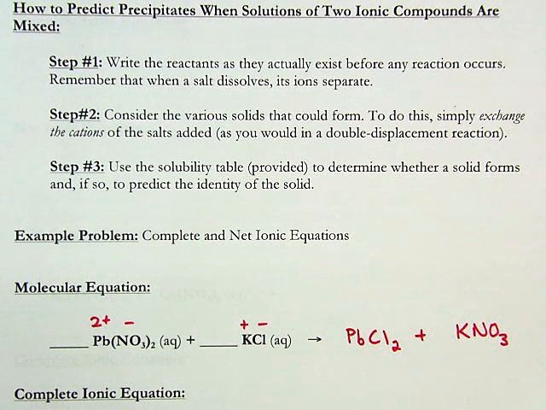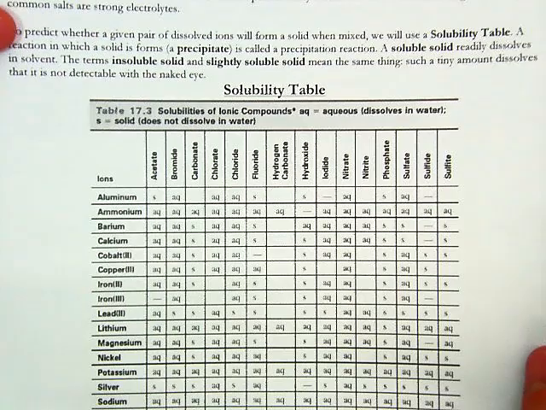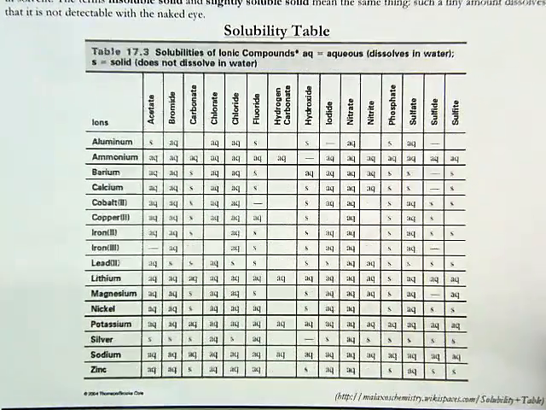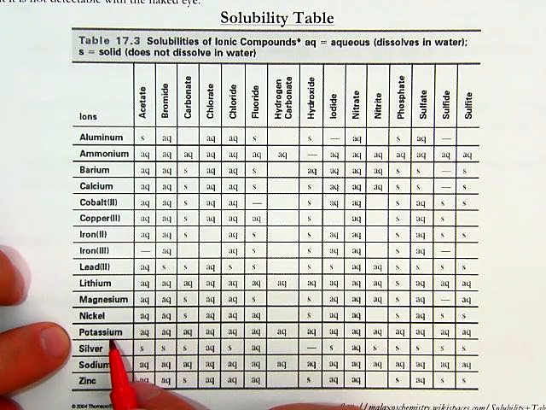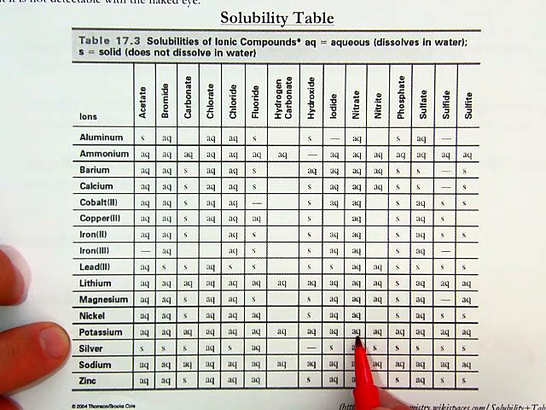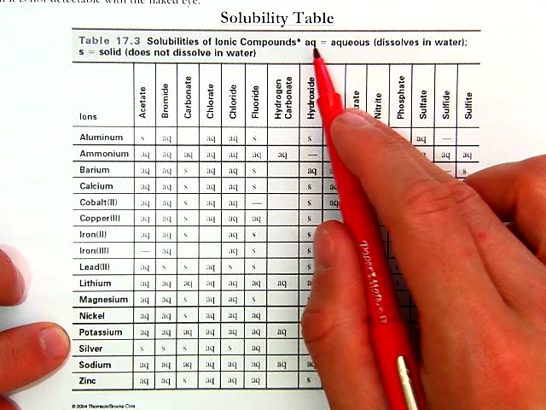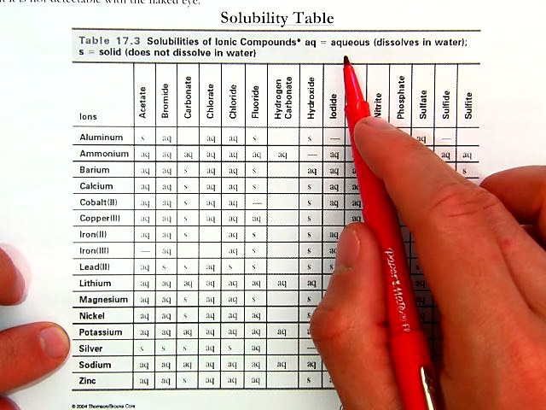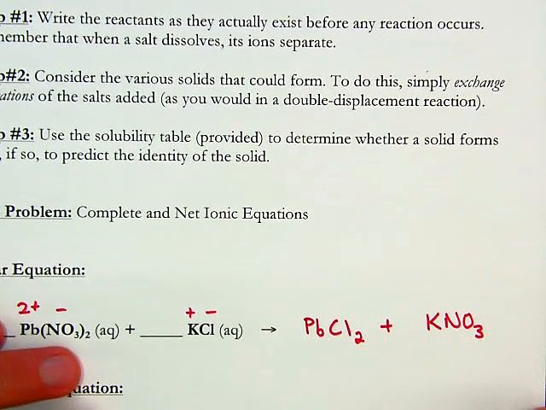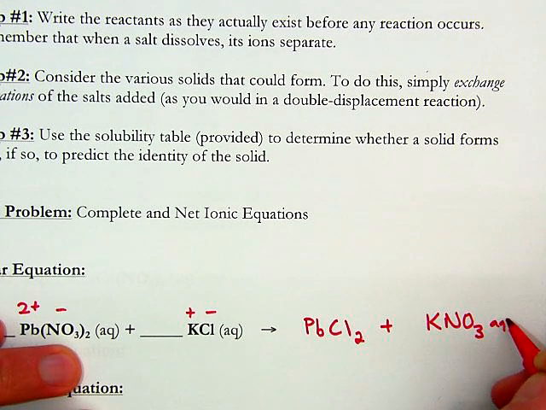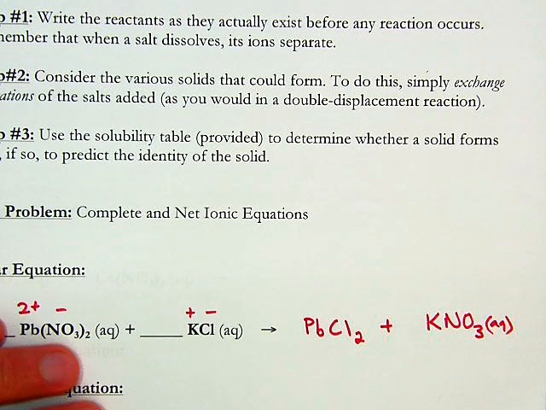So if we look at our solubility table, potassium is here, nitrate is here, AQ. AQ means it's going to be dissolved in water, aqueous. So potassium nitrate is AQ. That will stay dissolved as ions in solution.